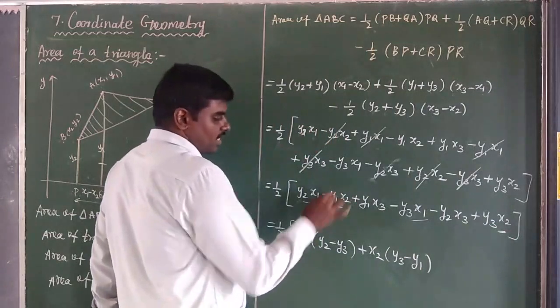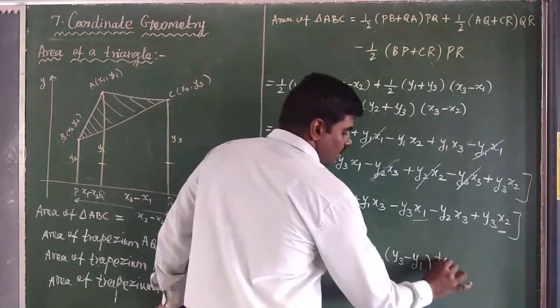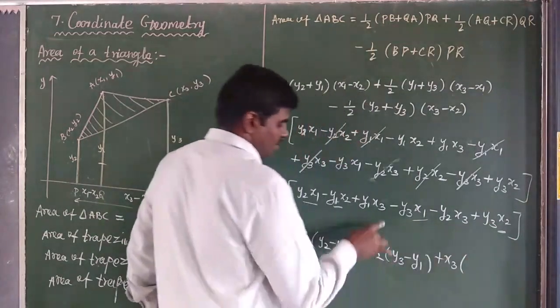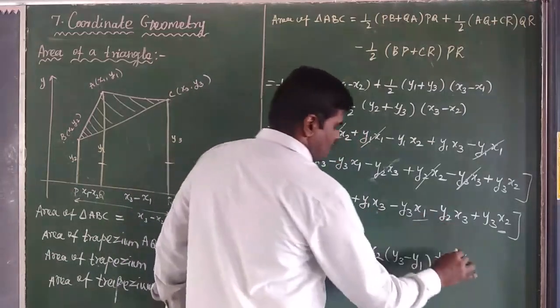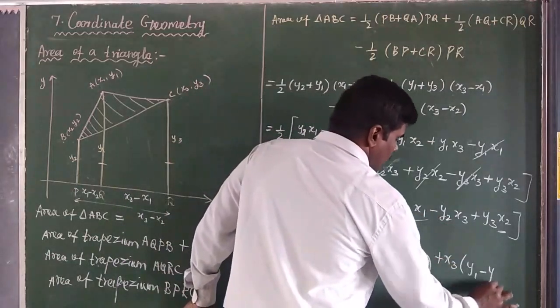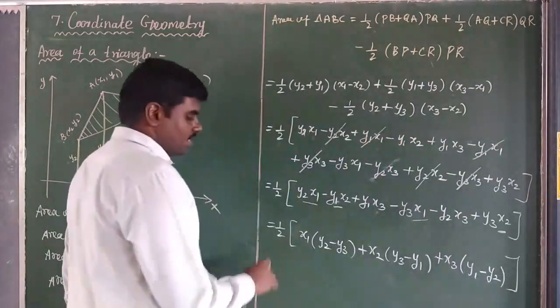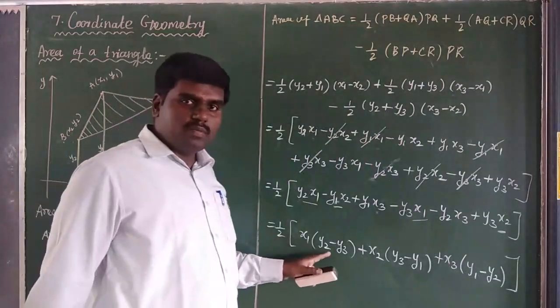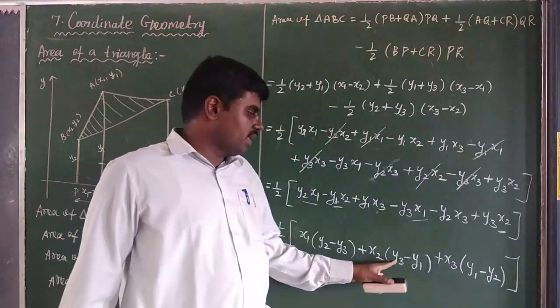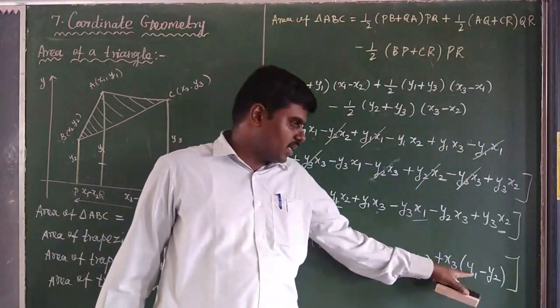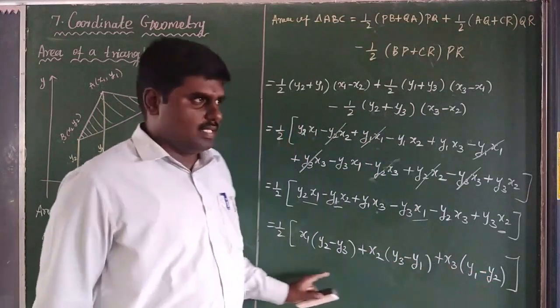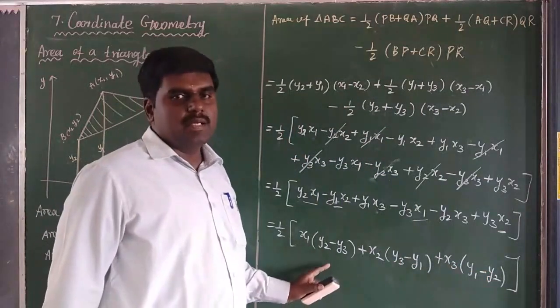Is it clear? Next, I will take x3 common: x3 times y1 minus y2. Over here, half into x1 into y2 minus y3, plus x2 into y3 minus y1, plus x3 into y1 minus y2. This is the formula for the area of the triangle.